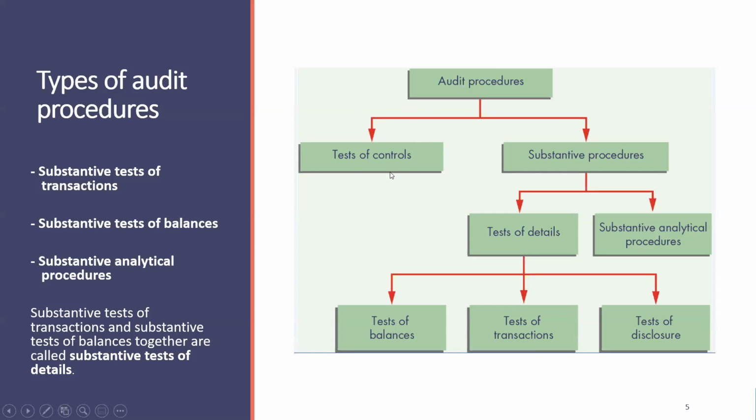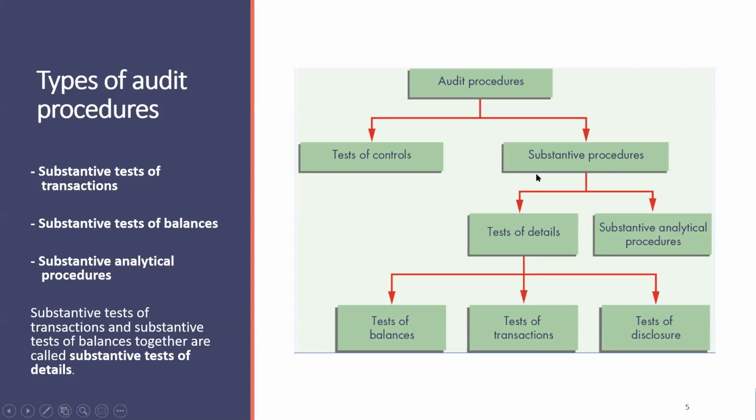As we talked about test of controls last week, this week when we talk about substantive auditing procedures, we need to understand what is a substantive procedure, what are substantive tests. Basically, a substantive test is the test to collect evidence on the transactions, balances, and on disclosure.